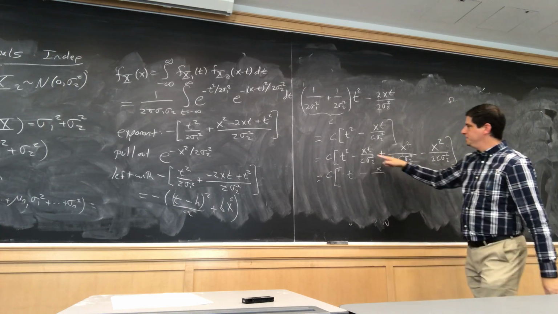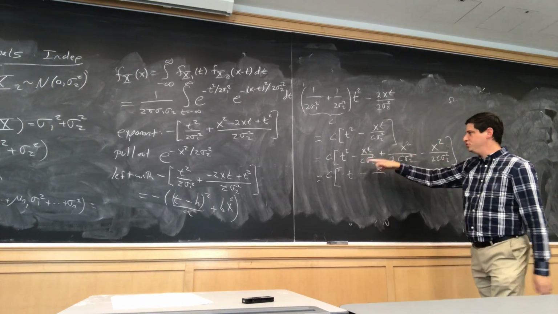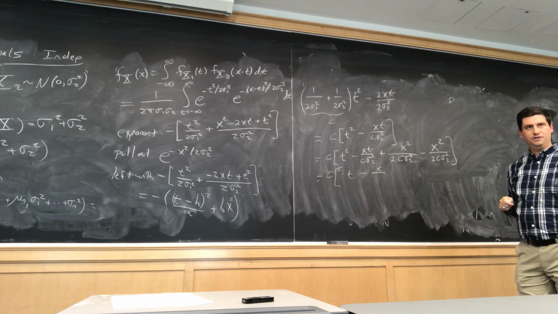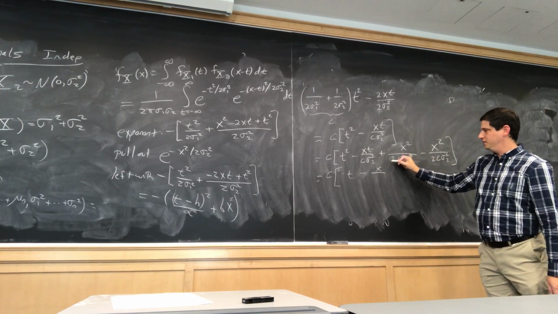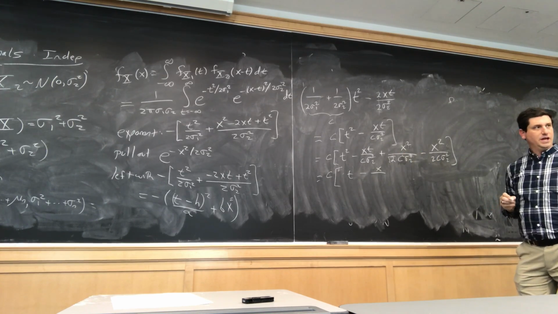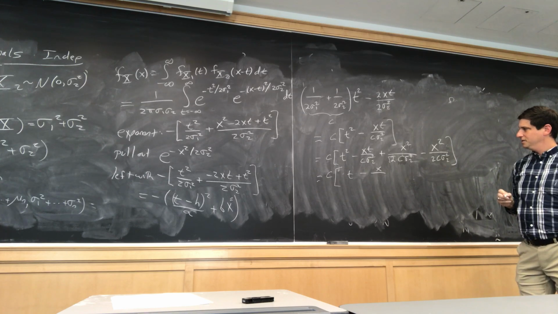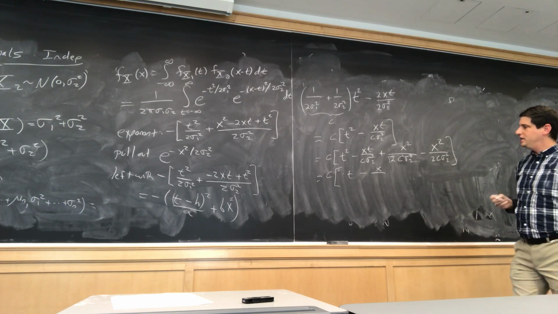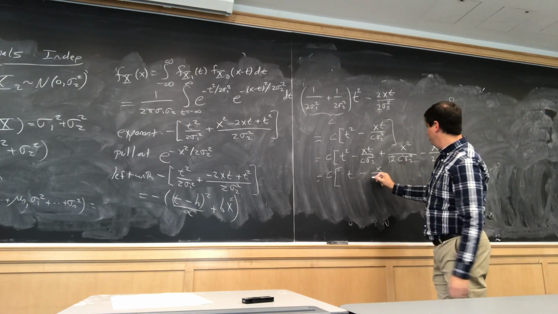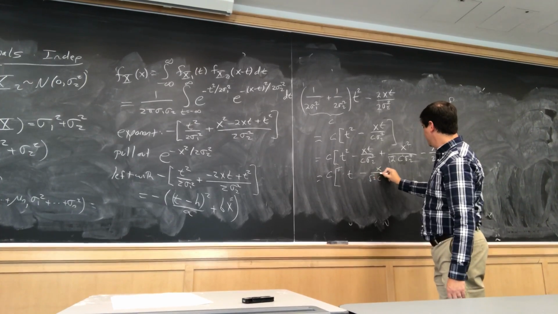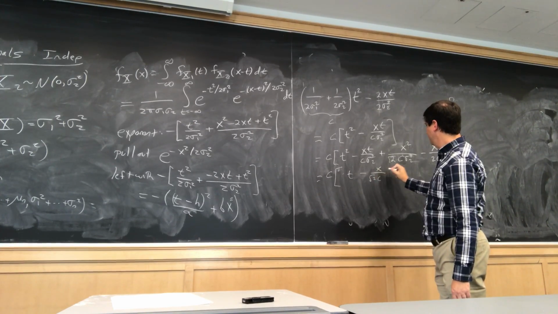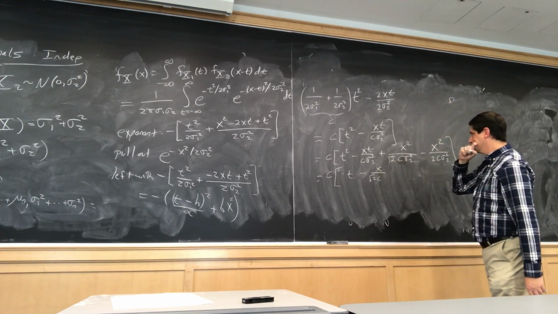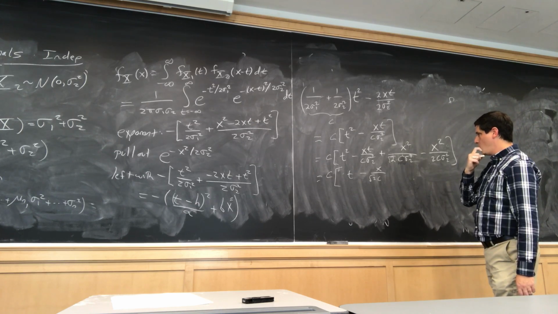Because what I want is something like this, which is going to be twice this over here. So I think I want a square root of 2 down here. Wait a minute, no.